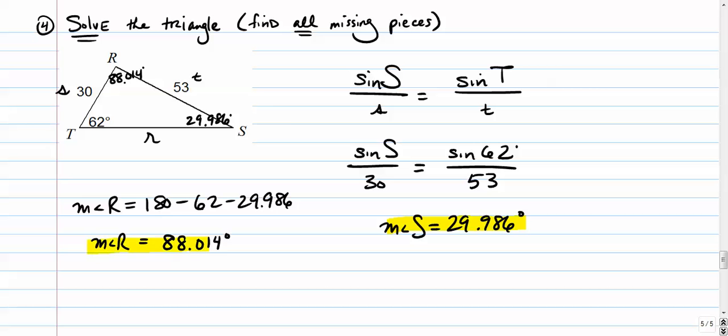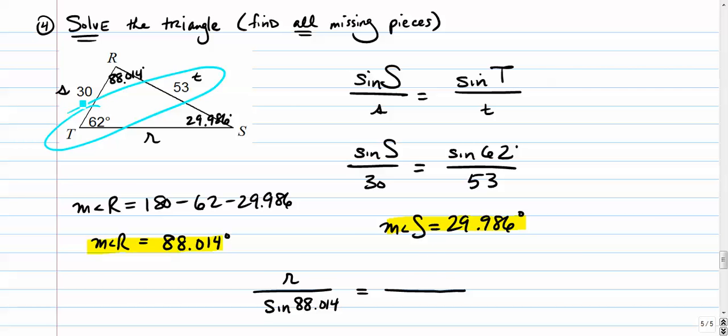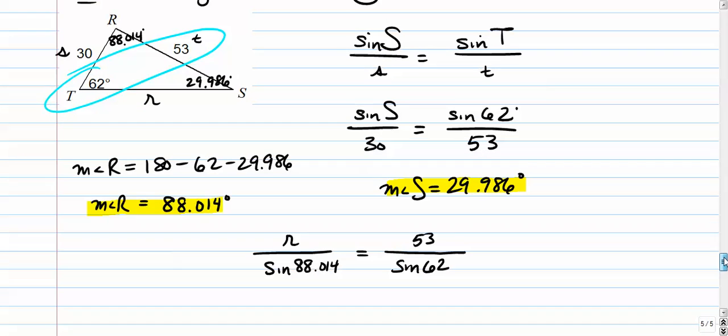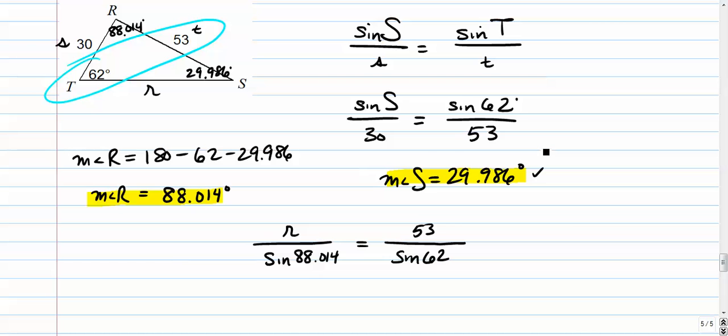That's a pretty big number. It's a big answer. Lowercase r is the last one. So if we're looking for lowercase letters, put those letters in the top. For the other fraction, I would probably use the two given pieces of info. So use 53 over the sine of 62. It's a better idea to use the given information than to use rounded information.